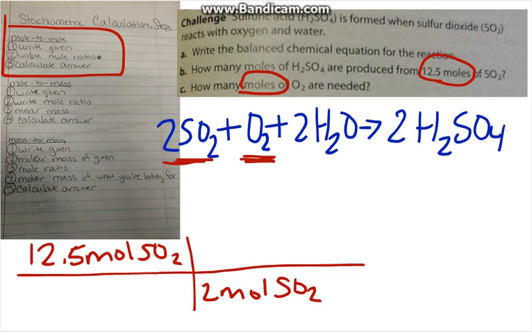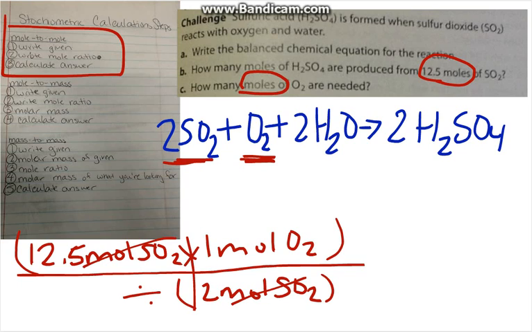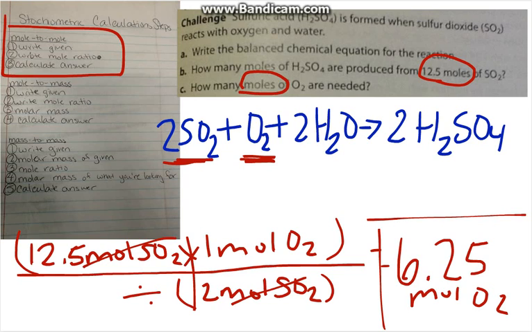And every time I have 2 moles of SO2, I have 1 mole of O2. Cross out my moles. Step 3 says to calculate. So in my calculator, multiply everything across the top, divide by everything on bottom. And you should get 6.25 moles of O2. Okay?